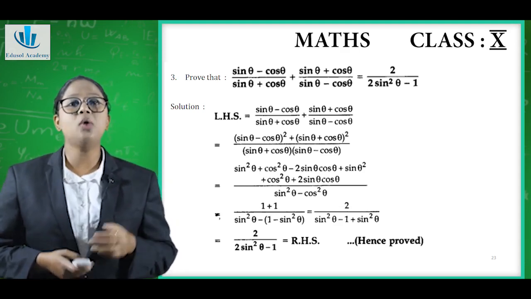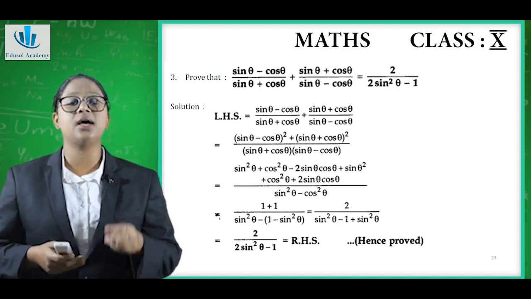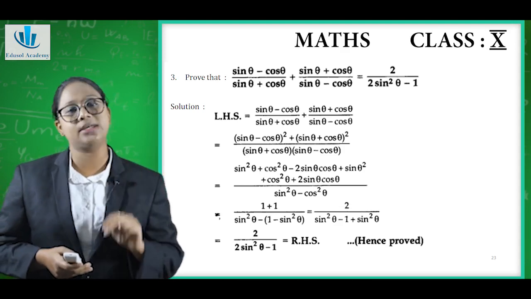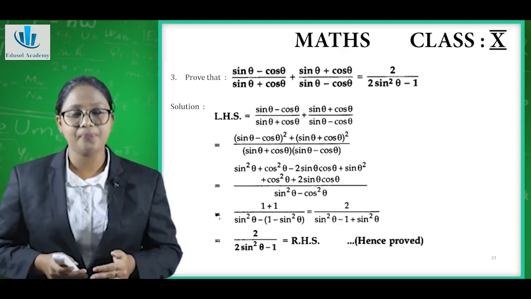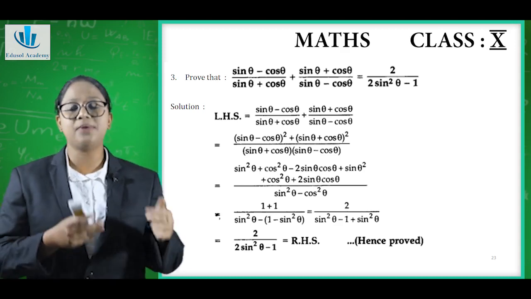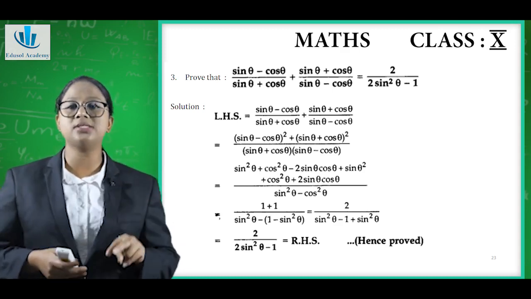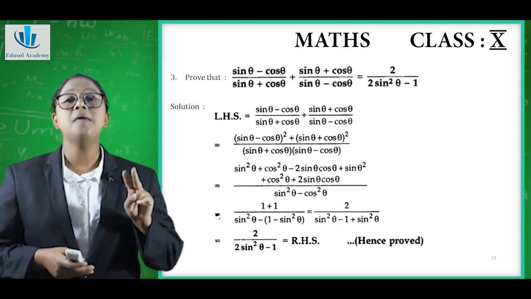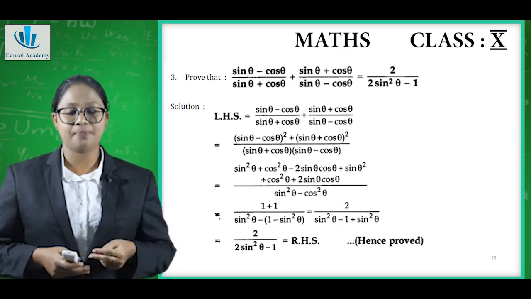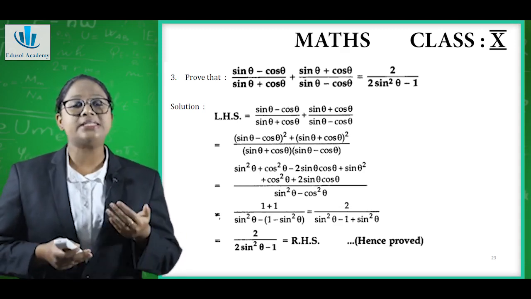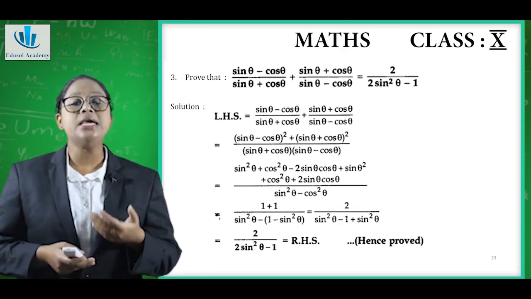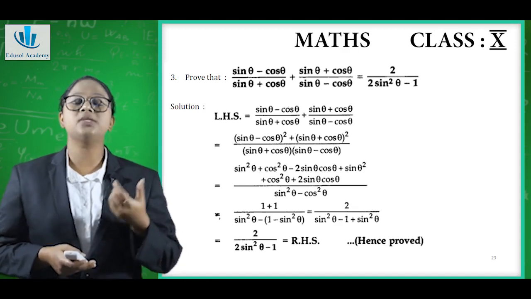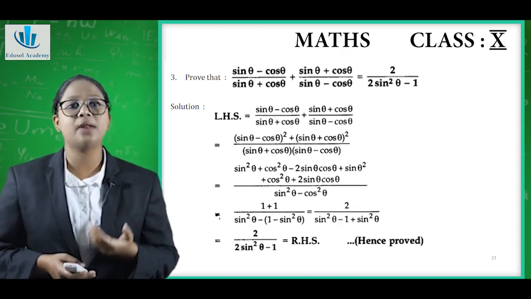Now sin θ − cos θ is being multiplied twice, so that is (sin θ − cos θ) the whole squared. Similarly, sin θ + cos θ is being multiplied twice, so that becomes (sin θ + cos θ) the whole squared, divided by (sin θ + cos θ)(sin θ − cos θ), which is of the form (a + b)(a − b), that is a² − b².